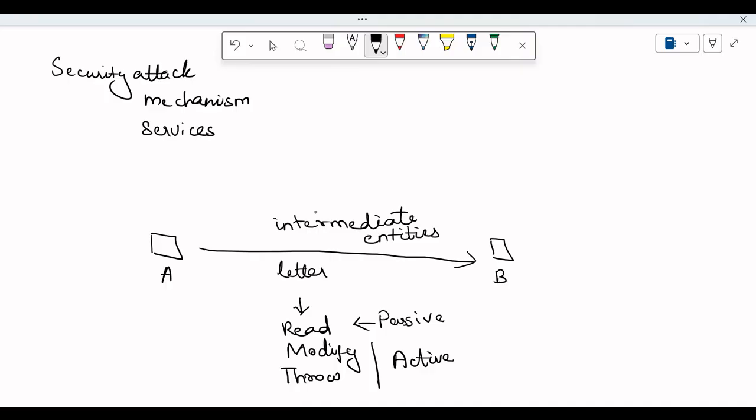The next comes the security services. When we talk about the security services, it enhances the security. What do we mean by a security service? It is a process that is designed to detect, prevent or recover from a security attack. What are the services that might be required for us?